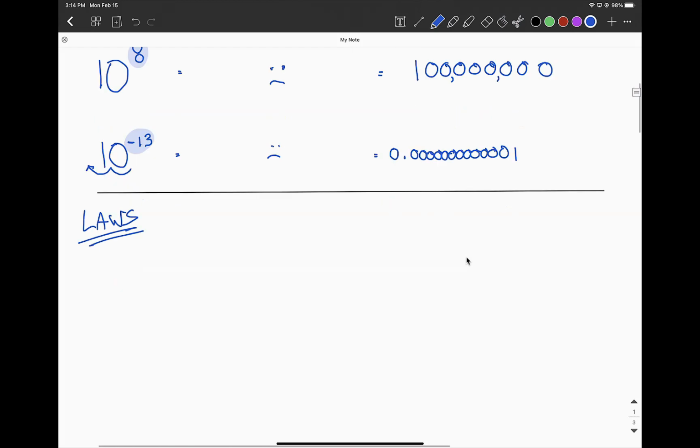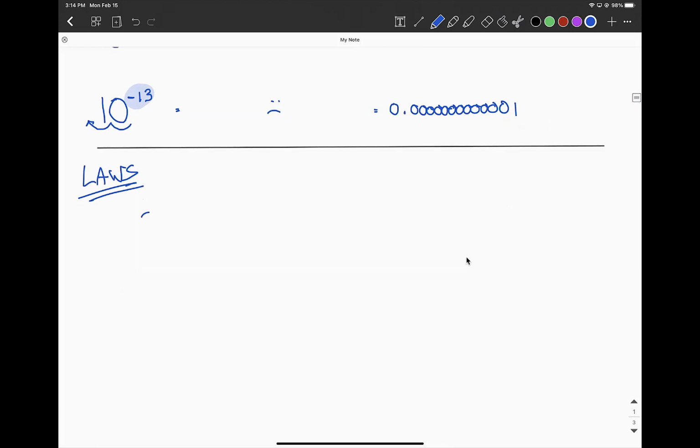Now, if we asked you to take something like 2 to the 4th and multiply that by 2 cubed, there are various ways about this. Ideally, we want to keep the power part of the calculation.